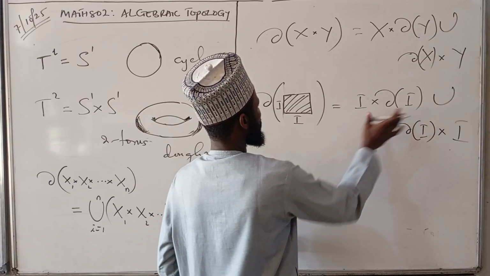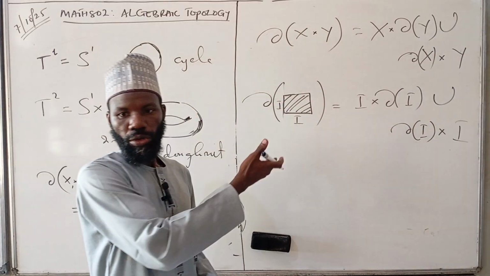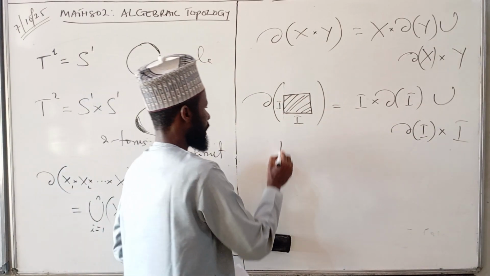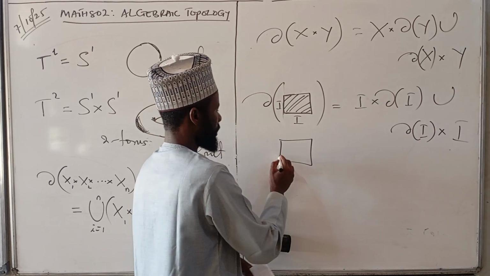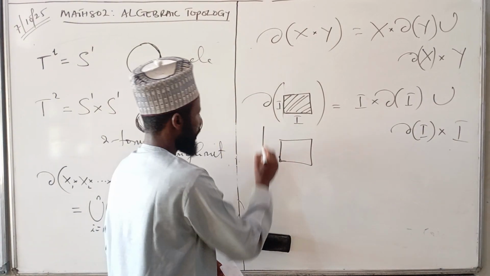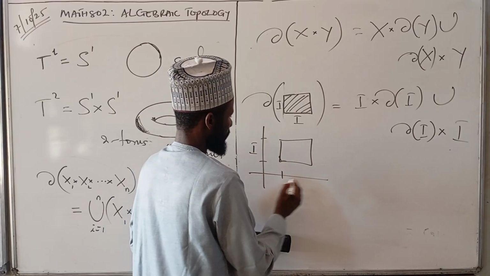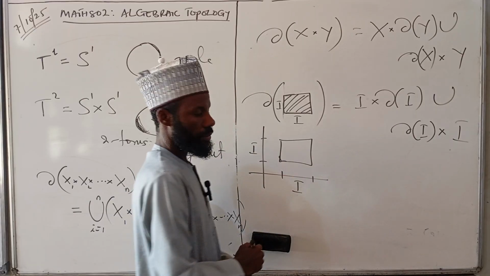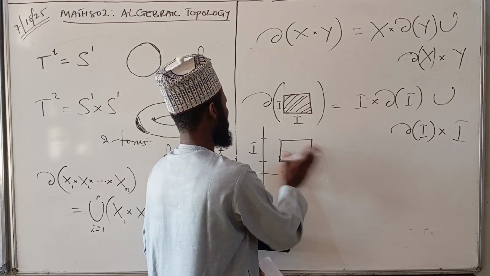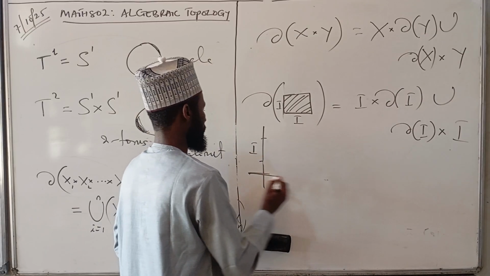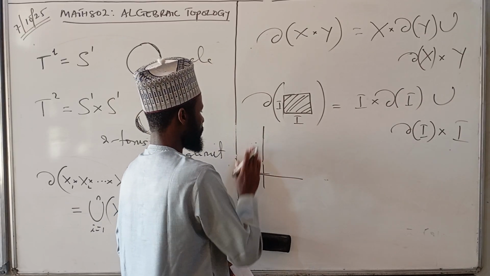Look at this one. We know clearly what this boundary is. Imagine you have this: this is your interval I, and you have the second interval I over here, from 0 to 1.